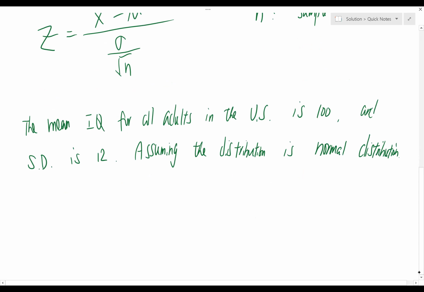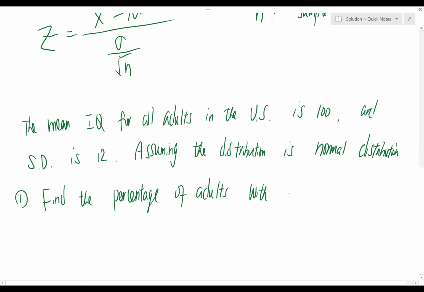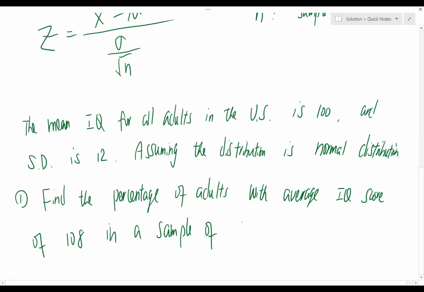Now let's find out the percentage of adults with an average IQ score of 108 in a sample of 20.